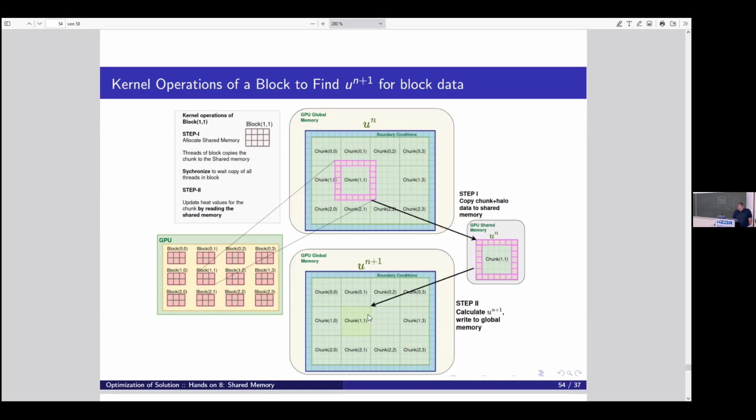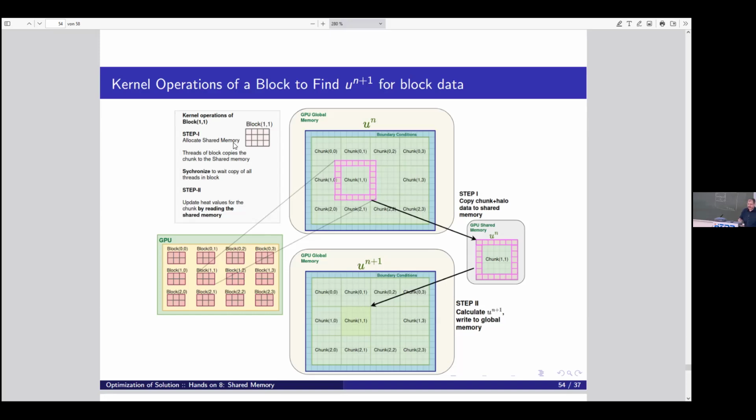This is the idea, and we need to write a kernel which is going to allocate shared memory first. Although it is created in the kernel, every thread is not going to create another shared memory, of course. CUDA manages the allocation of shared memory.